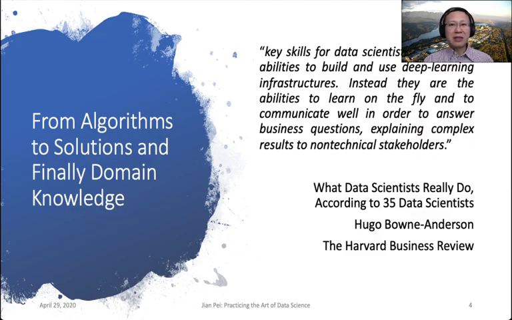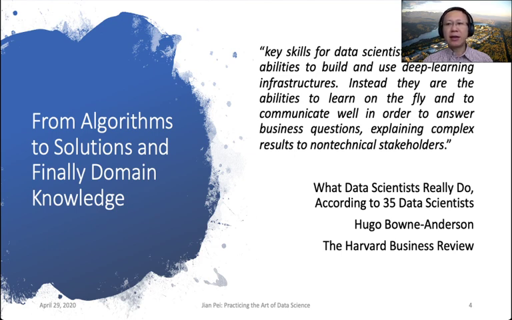Many people ask me this question: what's the difference between data science and machine learning and artificial intelligence, which are very, very hot nowadays? To my understanding, they are related, but they are also different. One article from the Harvard Business Review said it very well: the key skills for data scientists are not the abilities to build and use deep learning infrastructures.